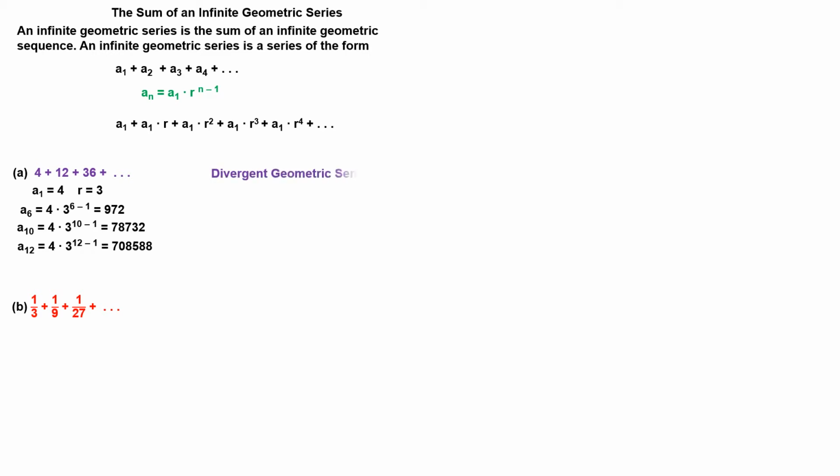So when we have a divergent series, there is no sense in asking for the sum of all the terms. In this type of series, we ask to find a partial sum of the terms, like the sum of the first 5 terms, or the first 7 terms, and so on.